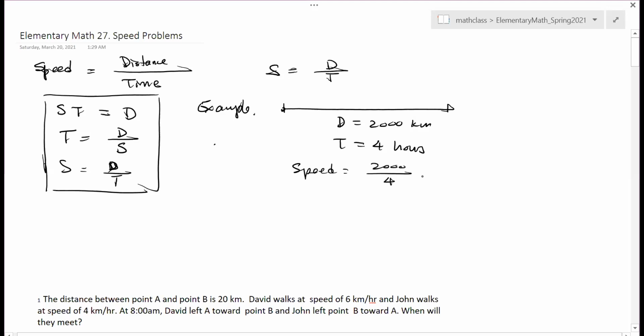So it's 500 kilometers per hour. Okay, that's the speed.